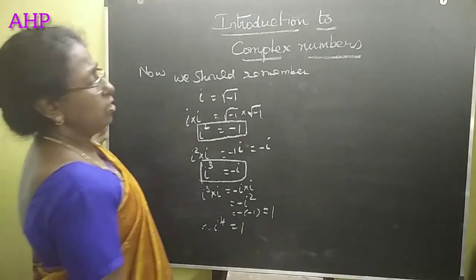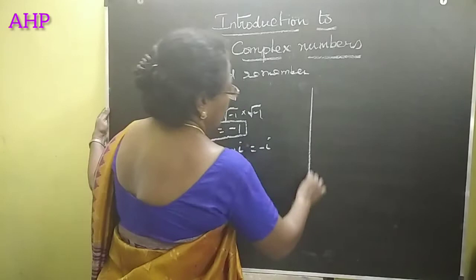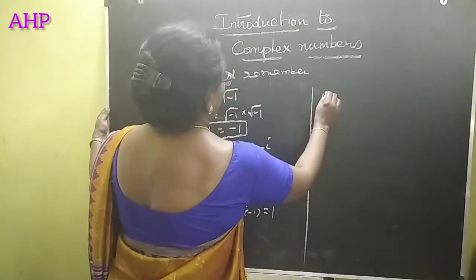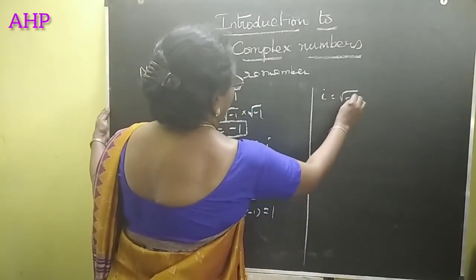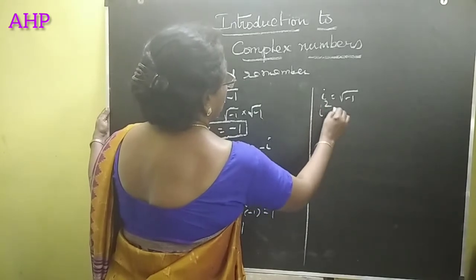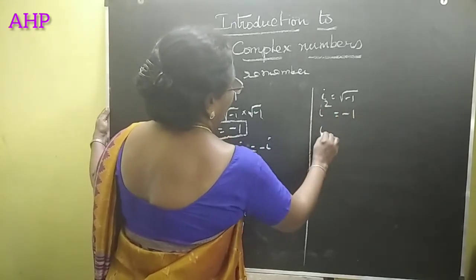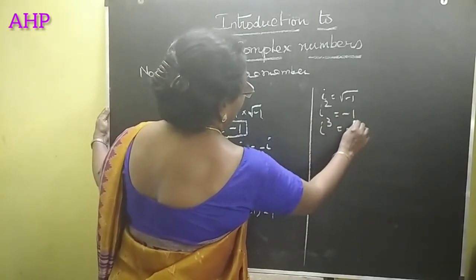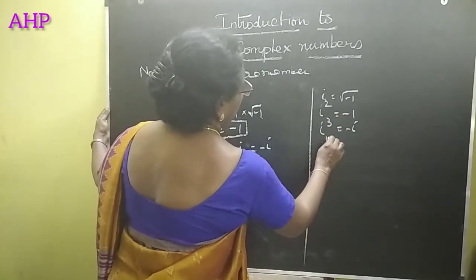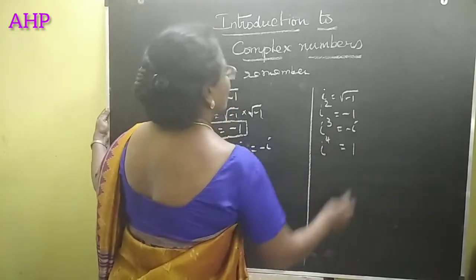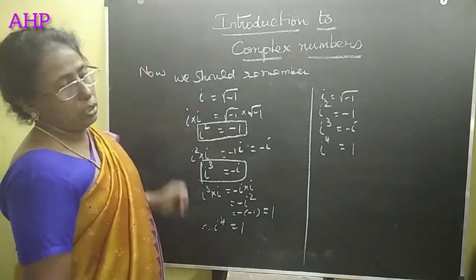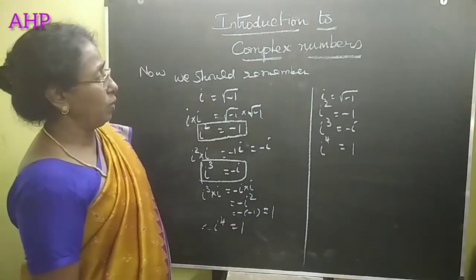Hence, it is good to know these values: i is equal to root minus 1, i square is equal to minus 1, i cube is equal to minus i, and i power 4 is equal to 1. Now using these values, we can do a few problems.